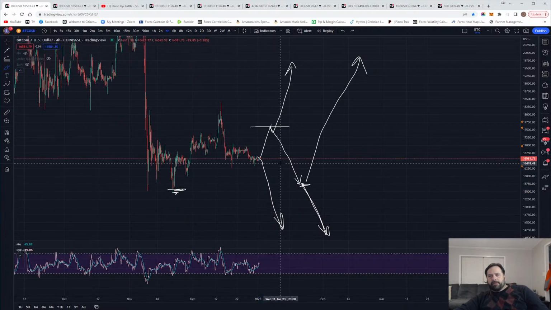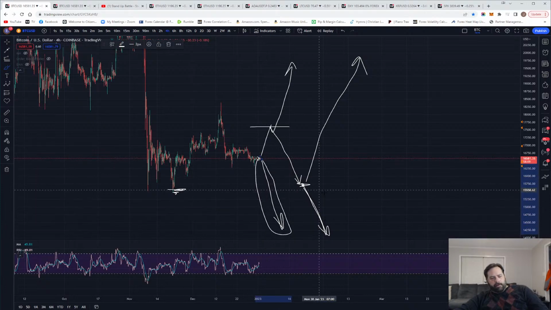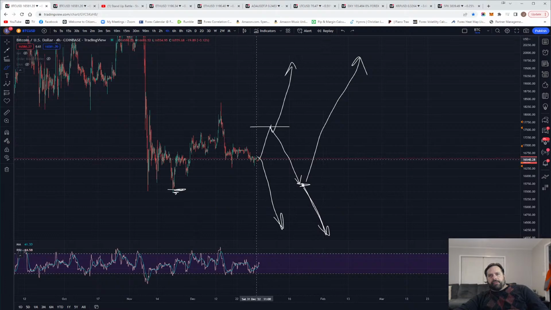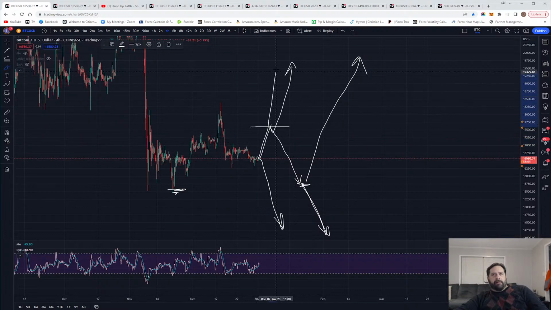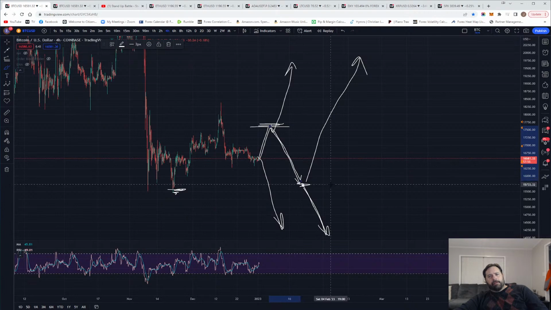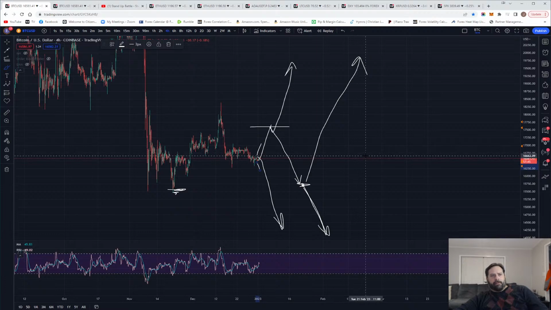If it does, we're going to start looking at this count right here. If it starts going up, we're going to consider it bullish, or we're going to look to take our profit on our long as it maybe rejects and starts coming back down. Okay, so we've got to see, are we going to go up or down from here? I don't have the answer to that. I'm just showing you the possibilities from the wave structure standpoint here.